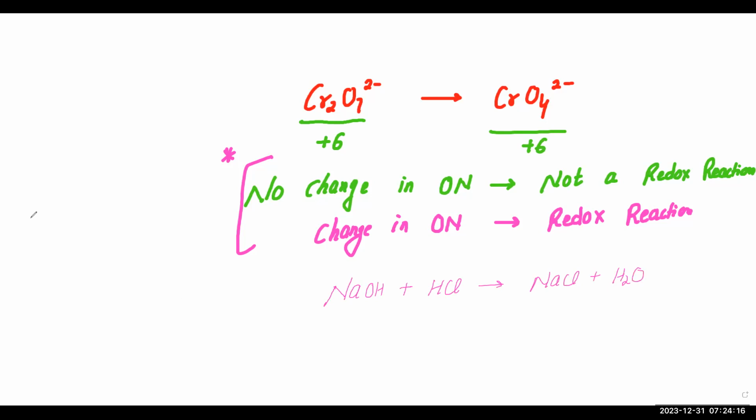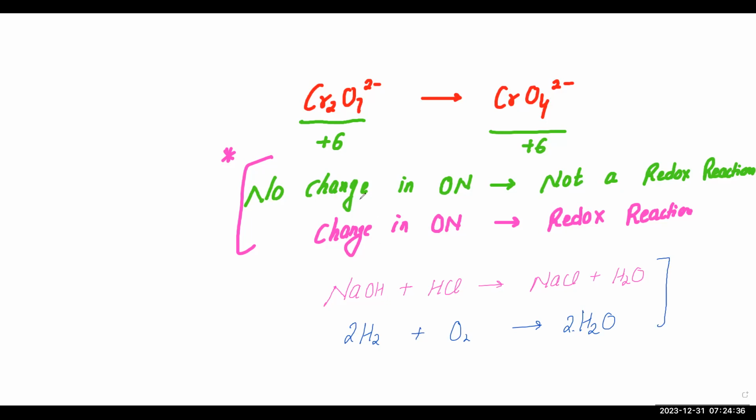Another reaction is H2 reacting with O2, giving you water. This is combustion. Combustion of hydrogen gas, right? Balance the equation. Identify which one is redox and which one is not redox.